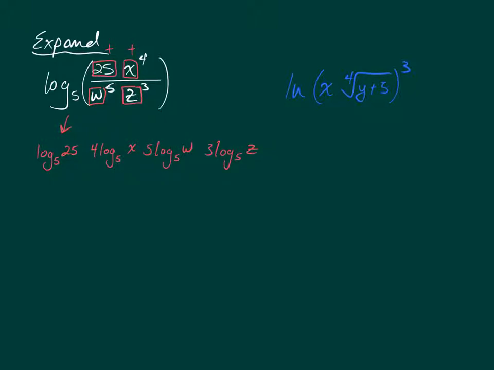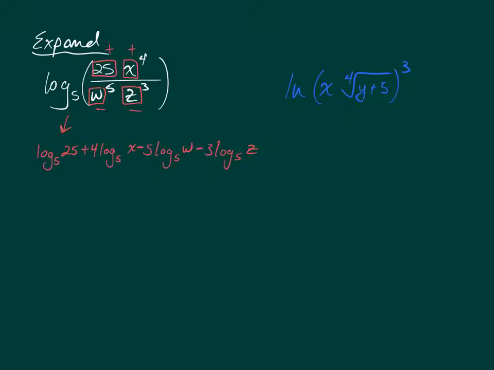And if bases in the original argument up here are in the bottom, they will have a negative log. So this will turn into log base 5 of 25, which is already positive here, plus 4 log base 5 of x minus 5 log base 5 of w minus 3 log base 5 of z.